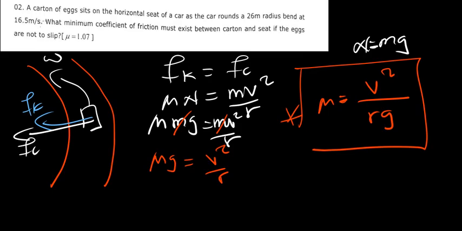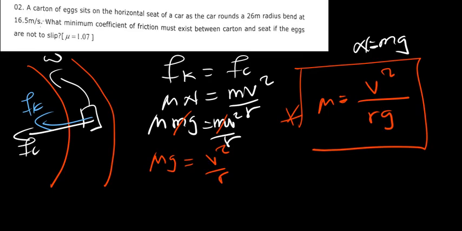If I read question 2 from the tutorial sheet: a carton of eggs sits on the horizontal seat of a car as the car rounds a 26 meter radius bend at 16.5 meters per second. What minimum coefficient of friction must exist between the carton and the seat if the eggs are not to slip?